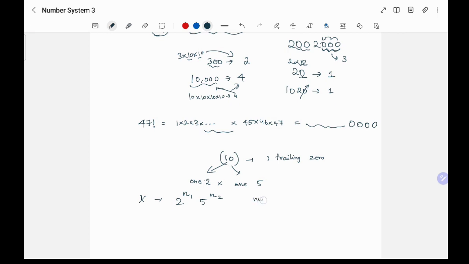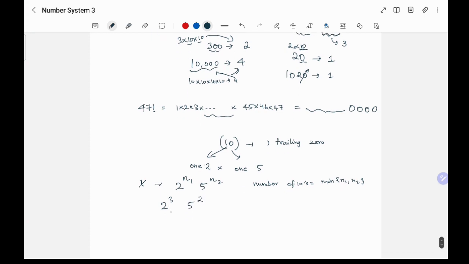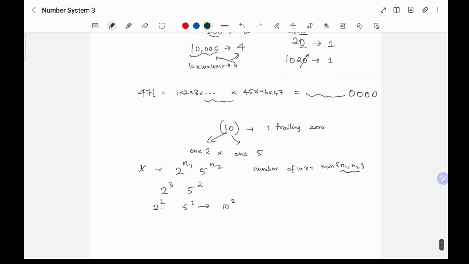So the number of tens will be the minimum of n1 comma n2, right? Because, let's say 2 power 3 into 5 power 2. So 2 power 2 and 5 power 2 will join to form 10 power 2. But the remaining 2 will not have a factor of 5 to form 10. So we only get the minimum of n1 and n2. Okay. So with this much knowledge, we'll be able to solve this.